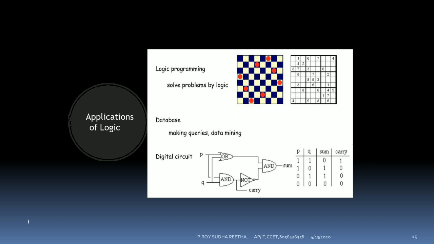We can use this type of logic to solve the tic-tac-toe problem, and that is one of the applications where we can solve problems by using logic. And also in databases, these logics are used in making queries, data mining, knowledge extraction, knowledge retrieval, etc. And also in digital circuits, where we use various types of gates like AND, OR, NOT, XOR. In various types of digital circuits, the application of logic is being used.